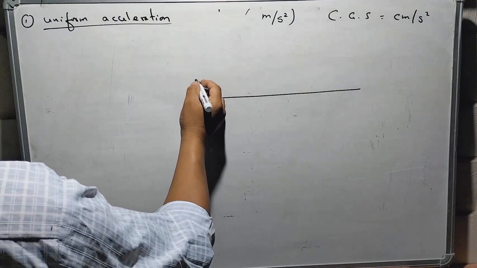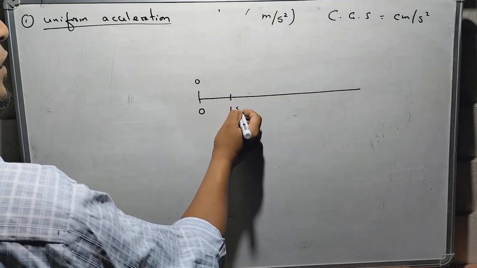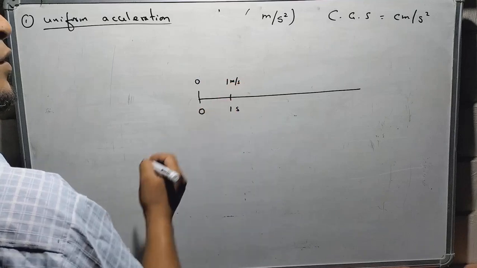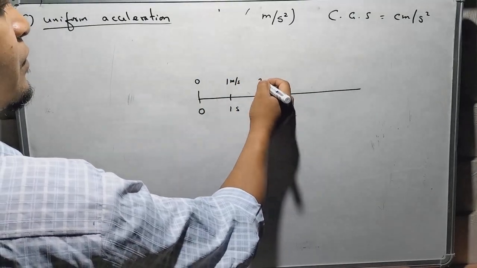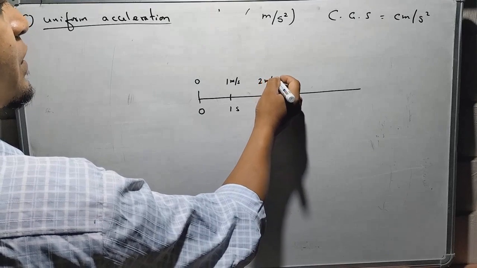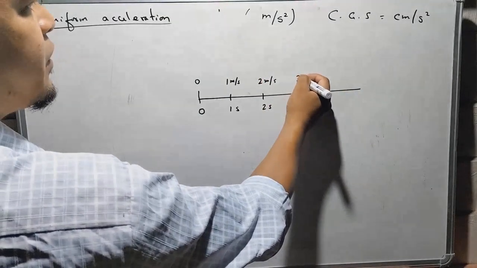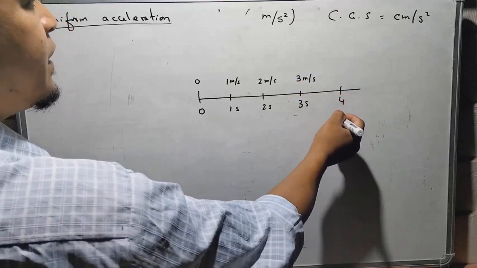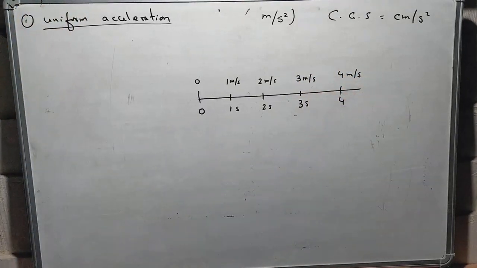Let's say the velocity at this point is 0. After 1 second, the velocity is 1 meter per second. At 2 seconds, the velocity becomes 2 meter per second, at 3 seconds 3 meter per second, at 4 seconds 4 meter per second, and so on.